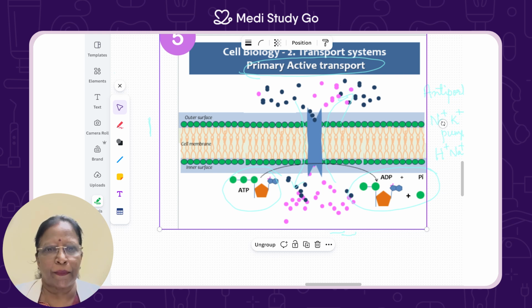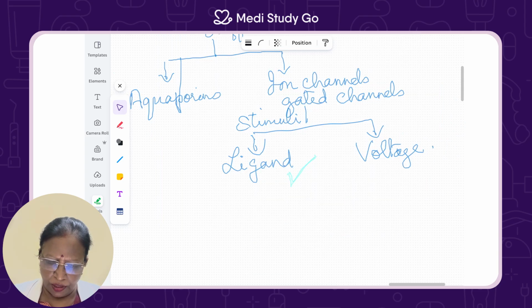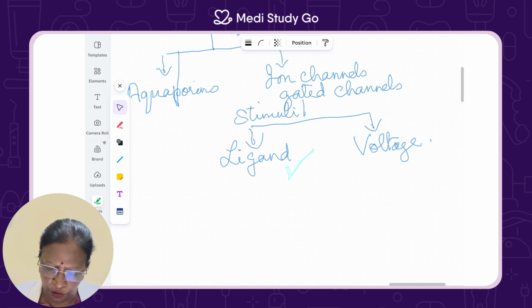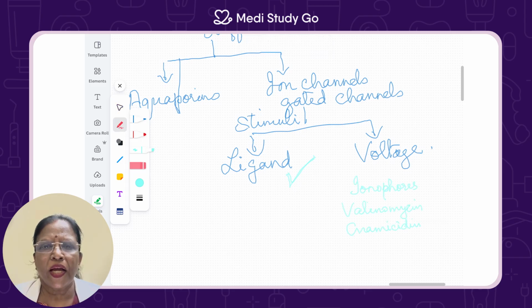Valinomycin and Gramicidin. Now these drugs are called ionophores. Why are they called ionophores? These drugs can lodge themselves into the cell membrane and then they will allow certain ions to pass. For example, Valinomycin will lodge into the membrane and allow potassium ions to pass.